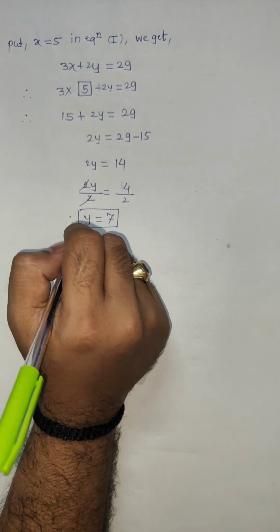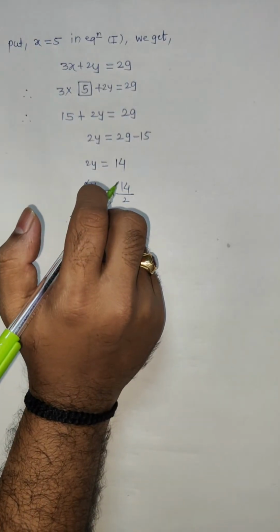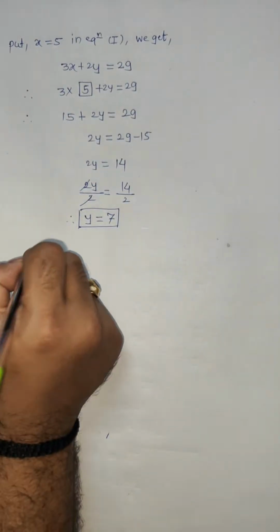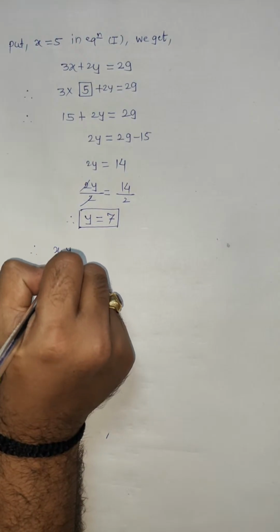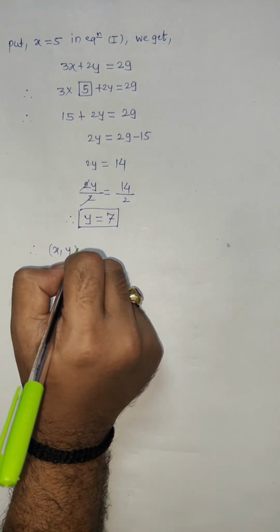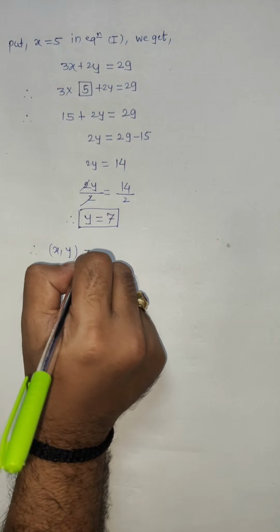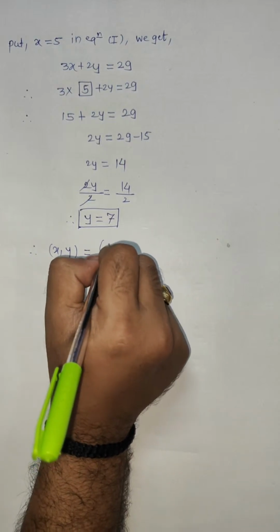Here we get the solution of x and y directly. Therefore x comma y is equal to 5, 7.